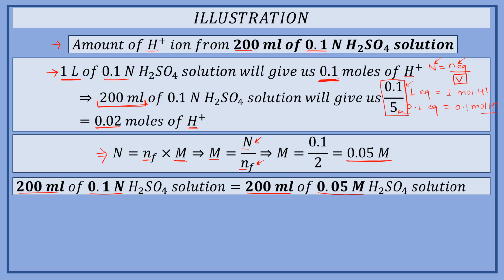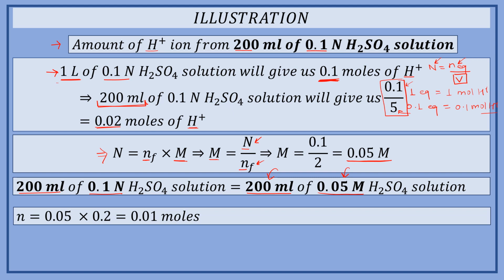Now we have the molarity of the solution, 0.05, and the volume of the solution, 200 milliliter. So we can calculate the number of moles of the solute as molarity times volume, 0.05 times 0.2. We have converted the volume into liters. Therefore, the number of moles of H2SO4 is 0.01 moles.